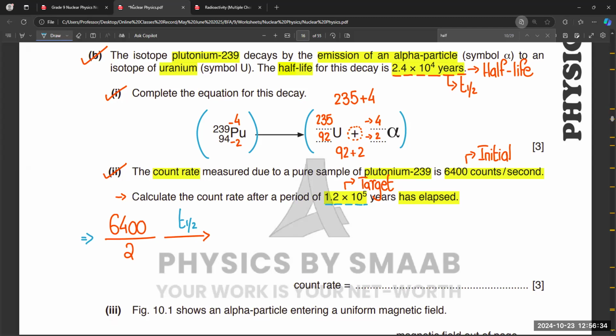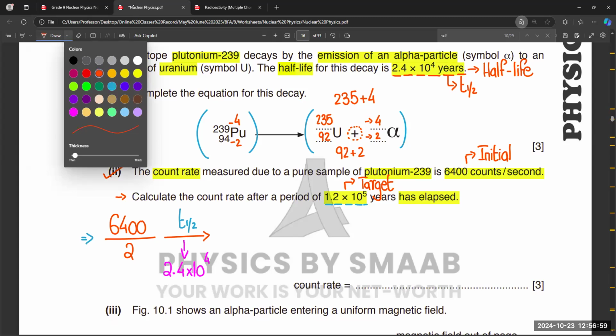You need to perform half-life to check your answer. When we perform the first half-life, it will take 2.4 exponent 4 years, and after one half-life it will be equal to 3200.